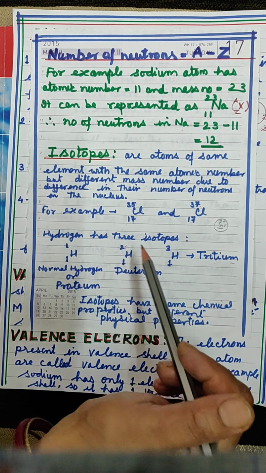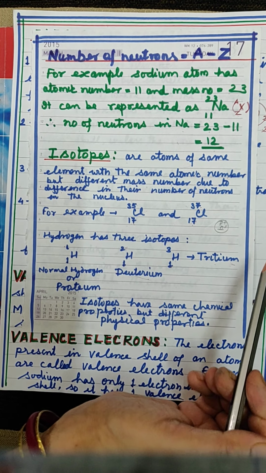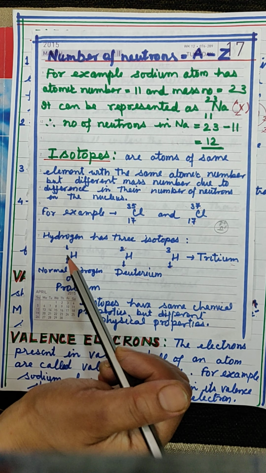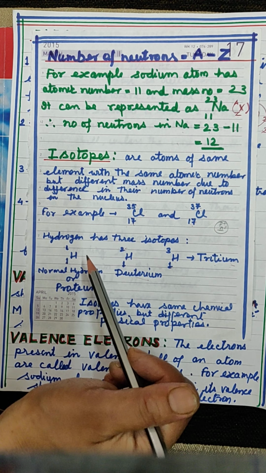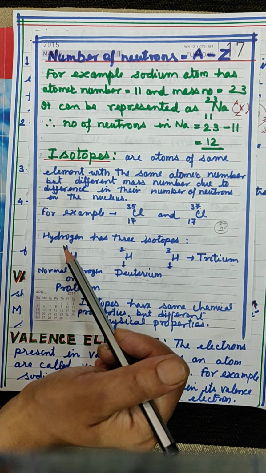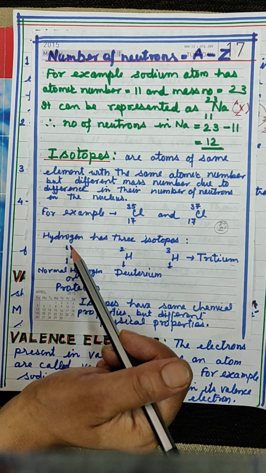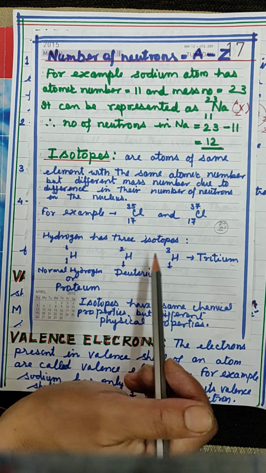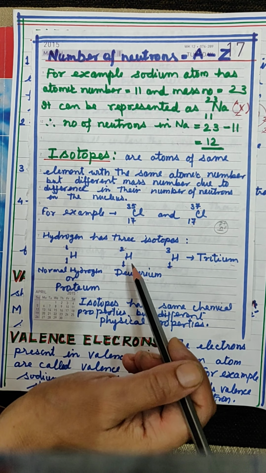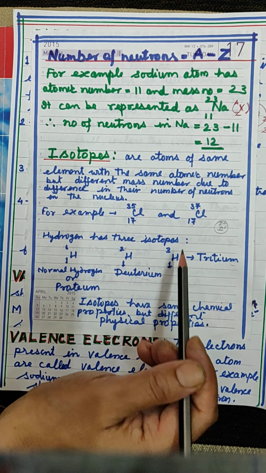Similarly, hydrogen is another element that has isotopes. Normal hydrogen, which has only one proton and one electron but no neutron, is 1H1. Atomic number is 1 and mass number is also 1 because of one proton only. But it has two other isotopes mixed into it, that is 1H2 and 1H3.